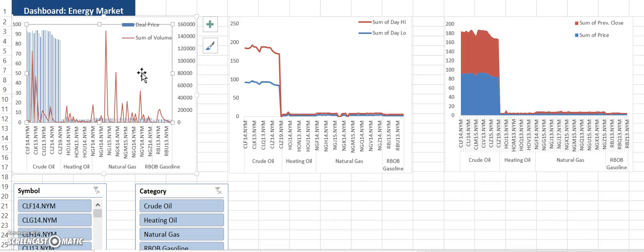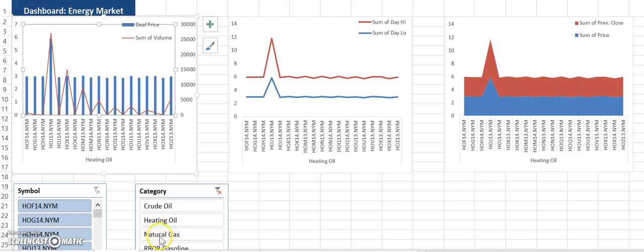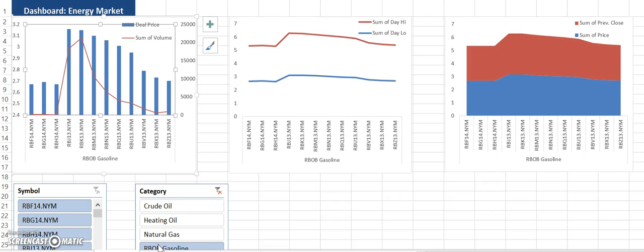It looks random. We can double check it by category. See? Look at the first pivot table. By category, there is no such pattern.